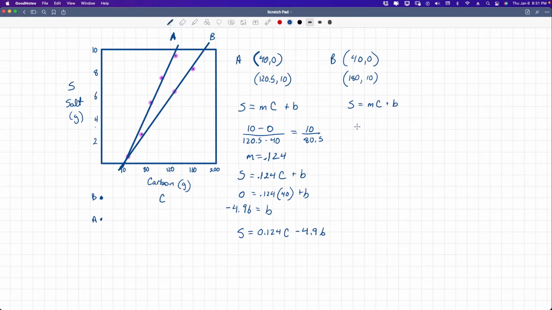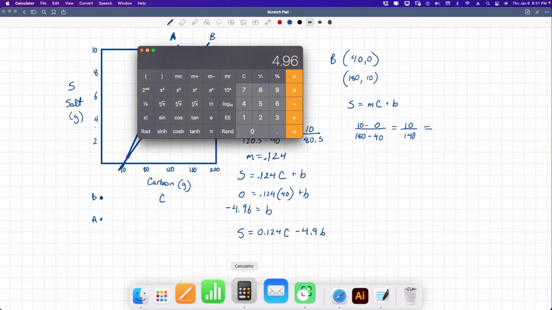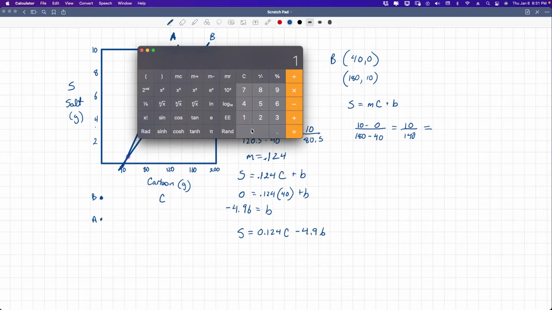We're going to do the change in y over the change in x. So 10 minus 0, 180 minus 40. Okay, 10 and 180, 0 and 40. So that's 10 over 140 equals, let me get up my calculator, 10 divided by 140.